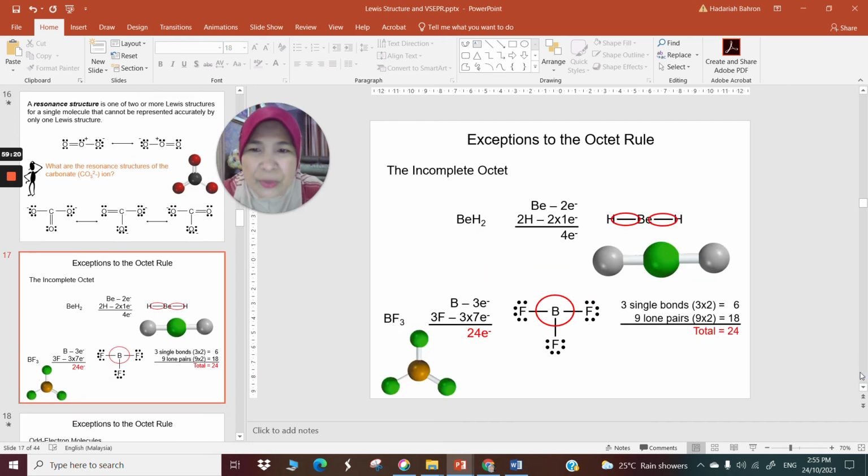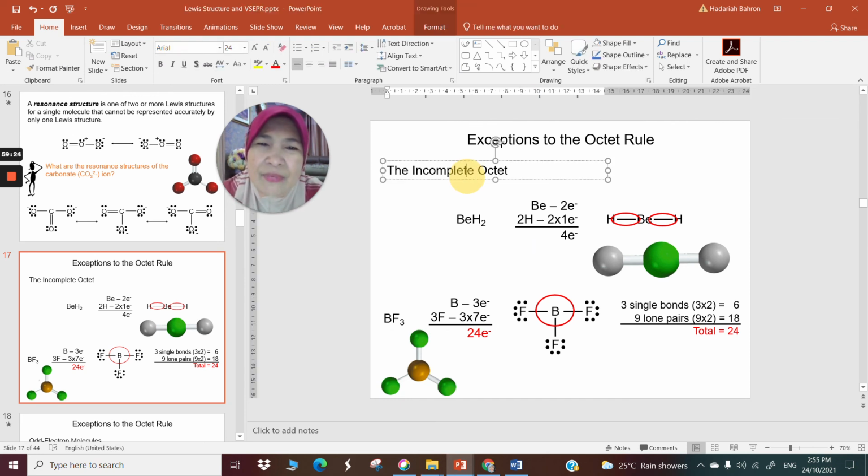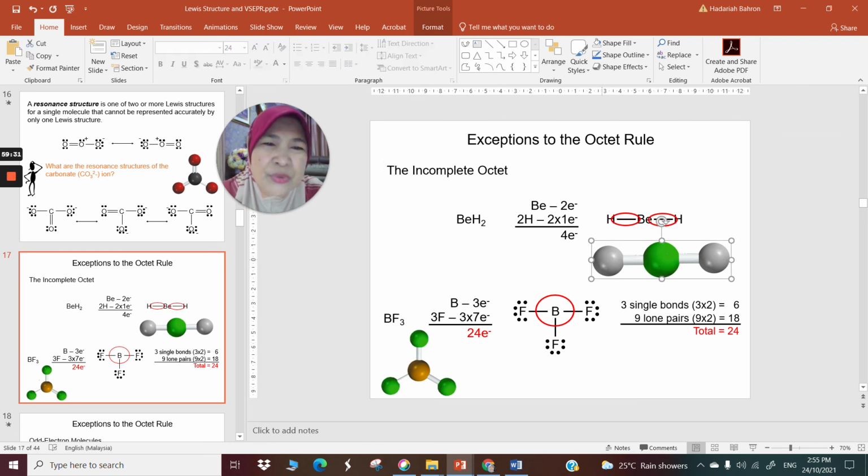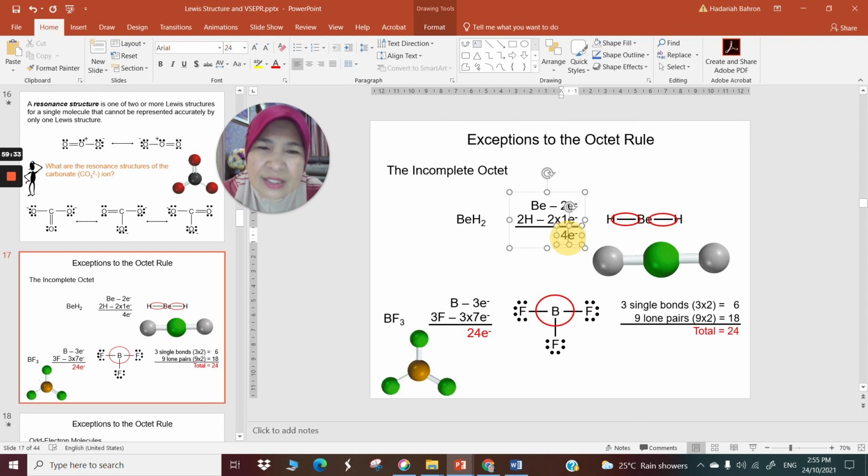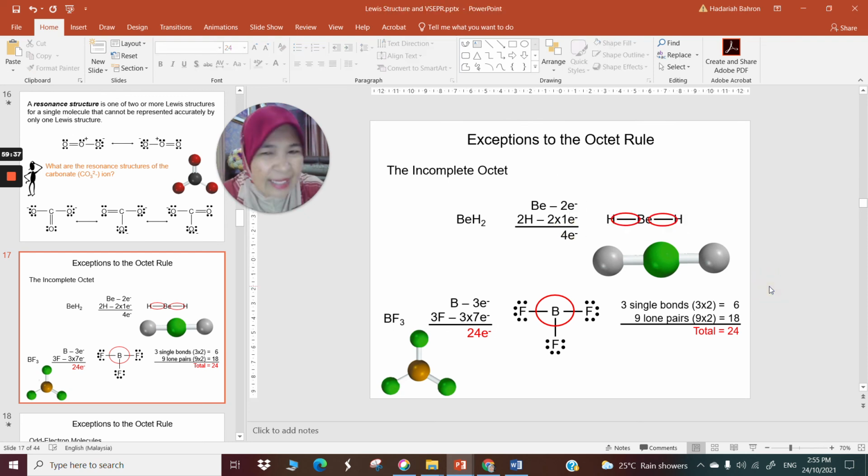And you are also going to have exceptions to the octet rule. You're going to have an incomplete octet where, when you have beryllium in BeH2, you have 4 electrons. In that case, that is an exception. They can be stable.